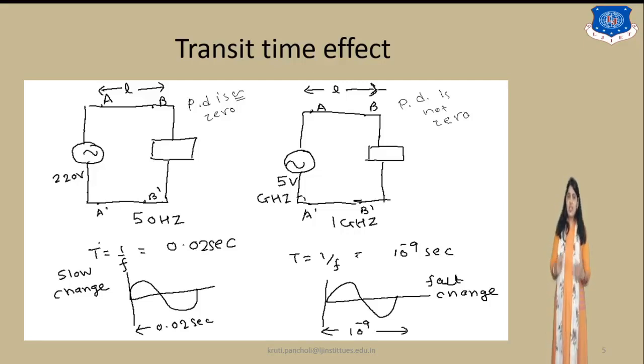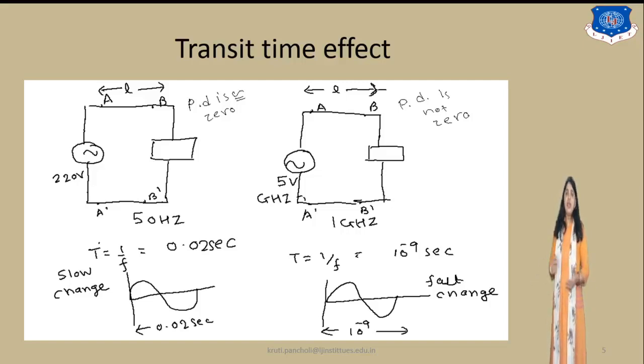When the signal travels from point A to point B, the value of the signal at point A will not be the same at point B. So we can say that the potential difference is not zero.